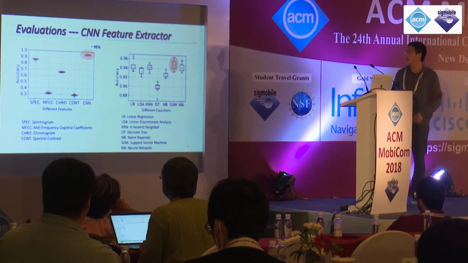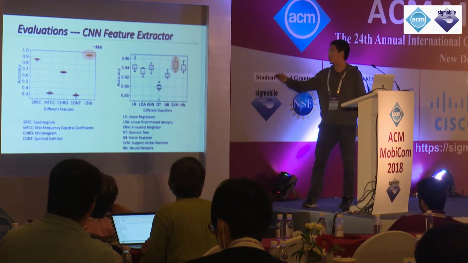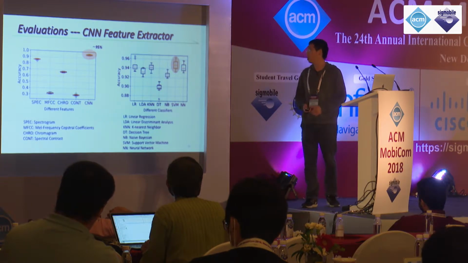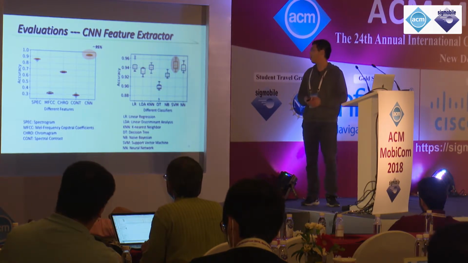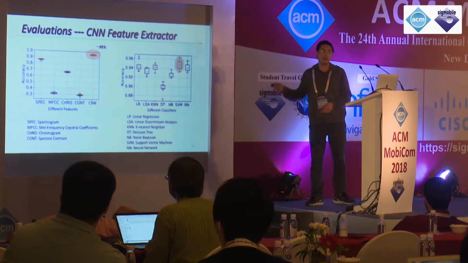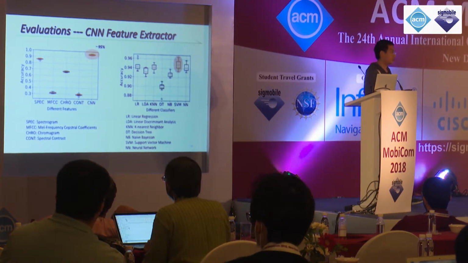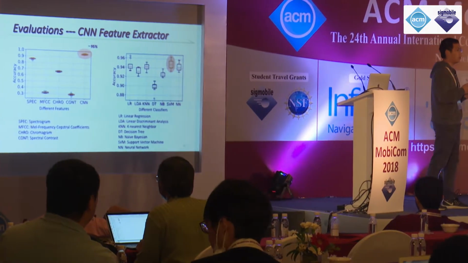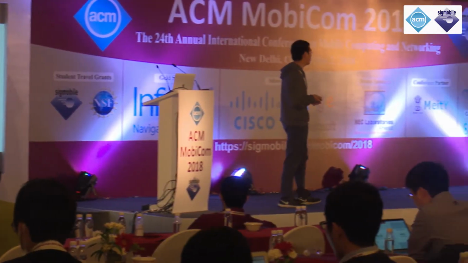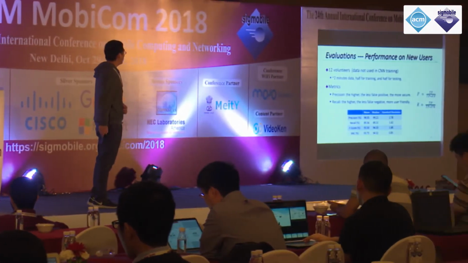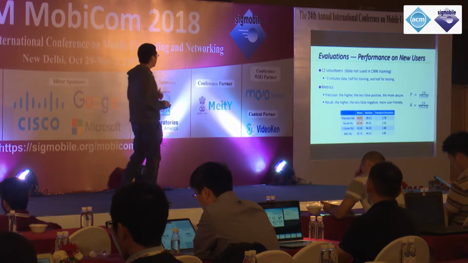So this figure shows our CNN features outperform other commonly used features with an accuracy above 95%. And we also tested different classifiers, and SVM tends to be the best one. And it's also feasible for you to train an SVM on a mobile device. And this is the result on the new users.